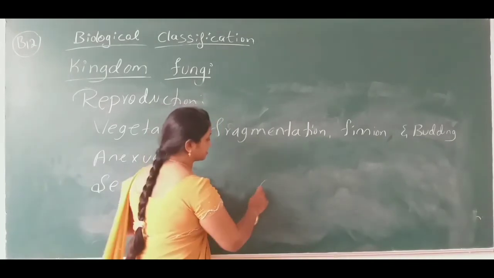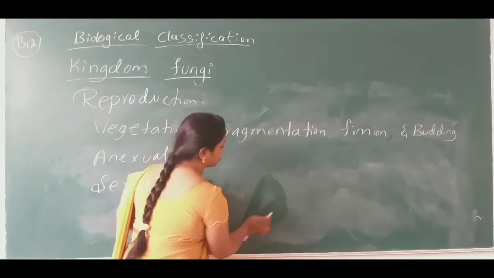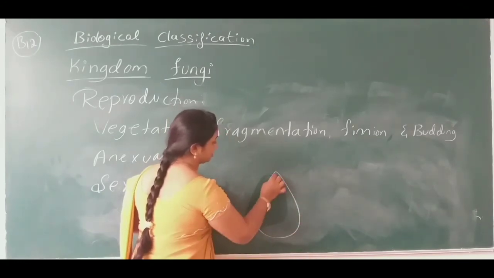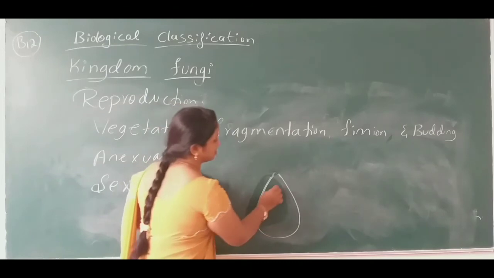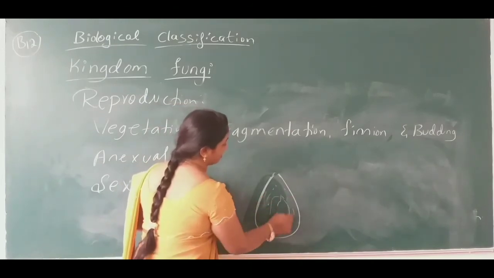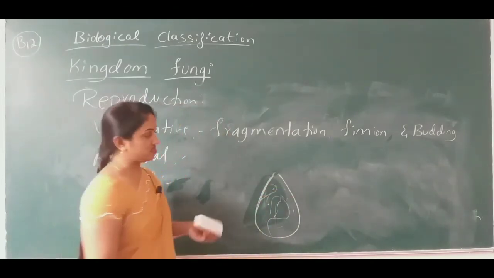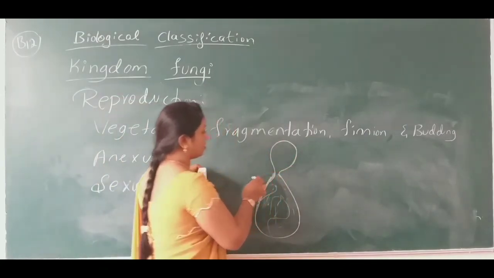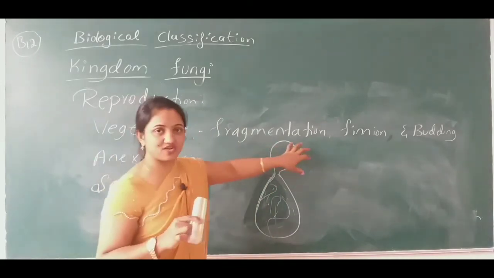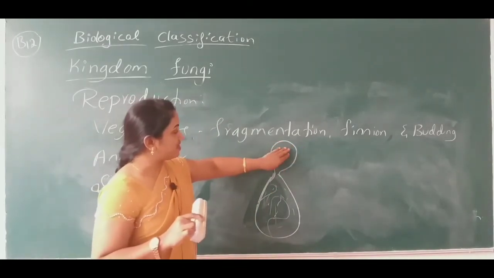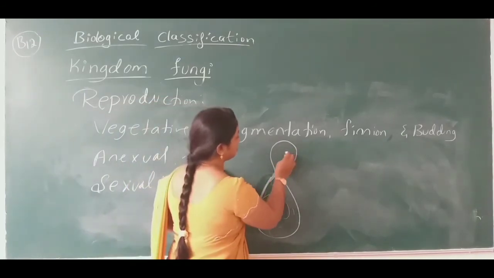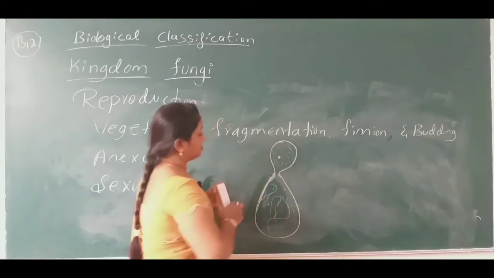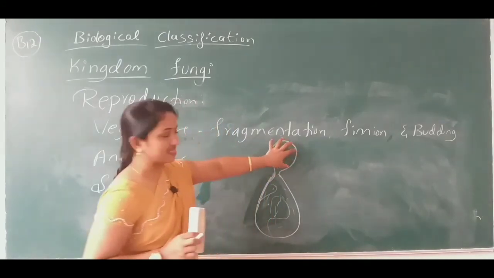And budding takes place in the yeast. We have come across this budding type of reproduction in chapter 1. So consider this is the yeast cell, a unicellular organism. This yeast cell forms a small bud-like structure. There it will have all the organelles, nucleus, everything present, and it gives rise to a small bud-like structure.